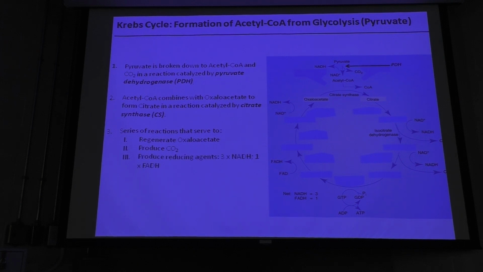Ultimately, the goal of the Krebs cycle is to produce these reducing agents, or the energy to drive the electron transport chain, and to produce this GTP, or guanosine triphosphate, which itself can actually transfer its phosphate group to ADP to produce ATP in a process called substrate level phosphorylation. But basically, the primary role of the Krebs cycle, regardless of the nature and source of the foodstuff that's breaking down to the acetyl-CoA, is to provide energy for the electron transport chain. Okay?